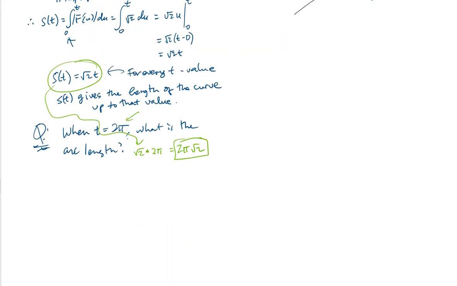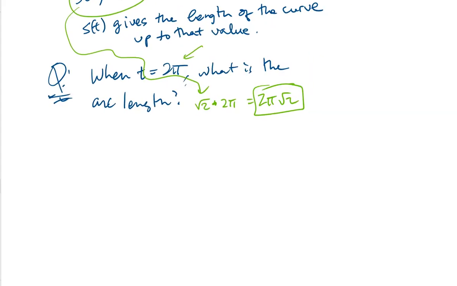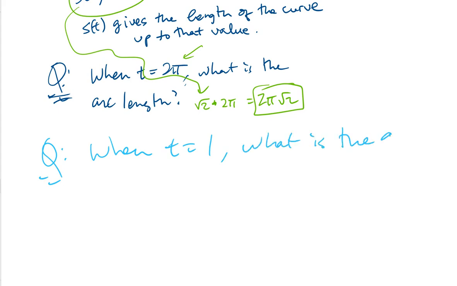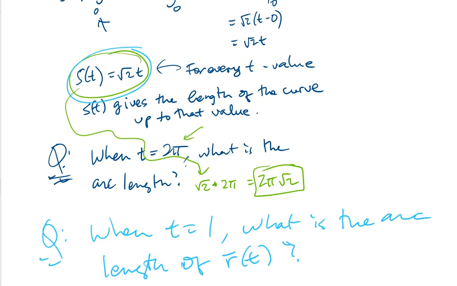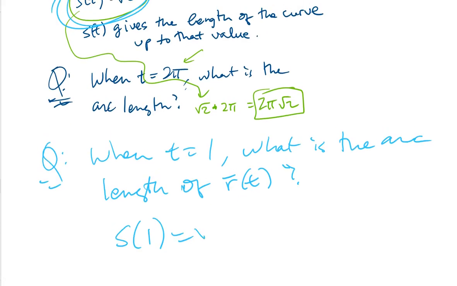Another example, or a question: when t is 1, what is the arc length? Well, using my formula here, s of 1 is root 2 times 1, which is root 2.